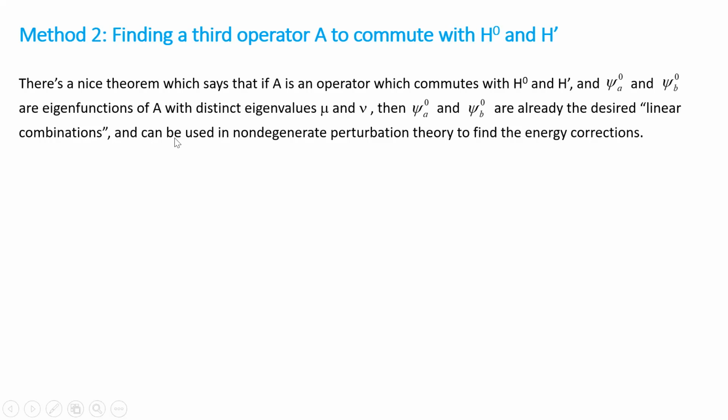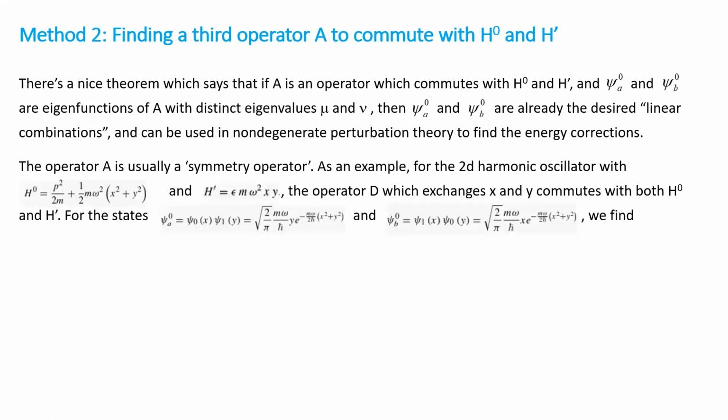And we can use that psi A0 and psi B0 in non-degenerate perturbation theory. So in the basic non-degenerate perturbation theory formula, we just take the matrix element of H prime in psi A0 to get one correction, and the matrix element in psi B0 to get the second correction for those two states.